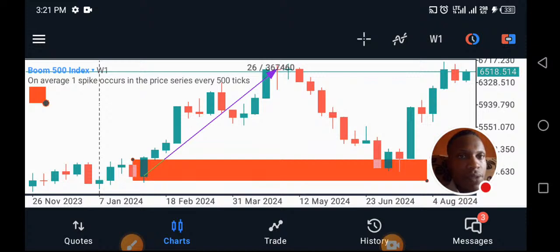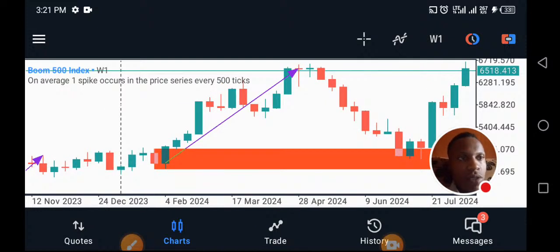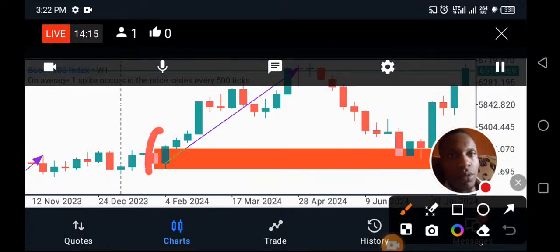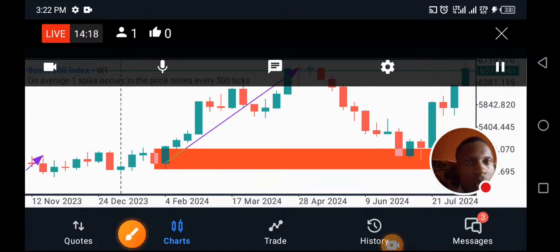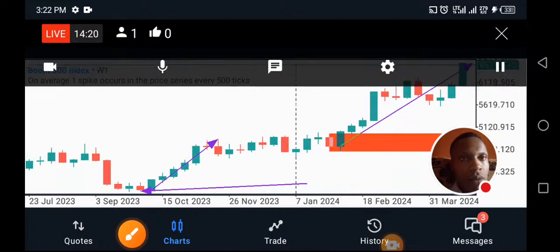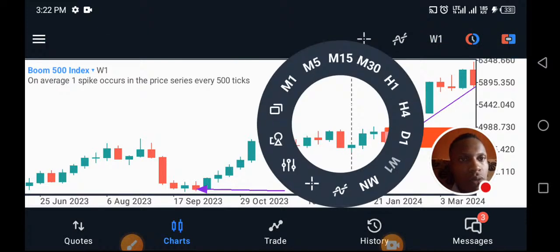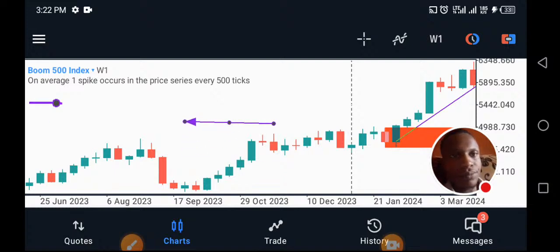It's not every time price may come back, or price might break that level, but we are always going to take note of that particular level, this particular order block here. And then if we go back, also notice this particular order block here.